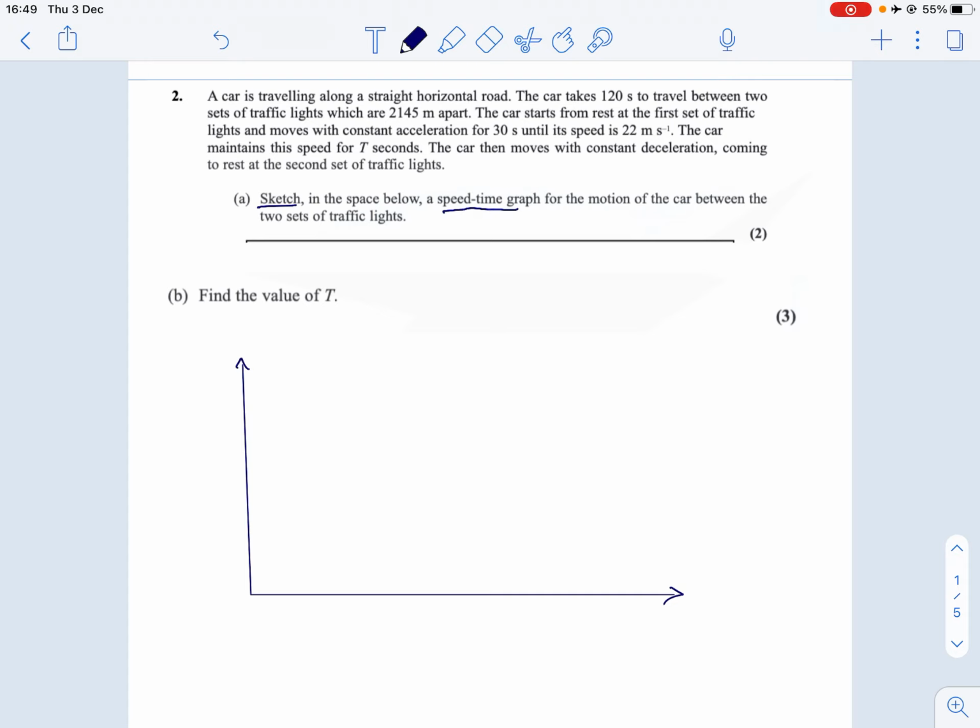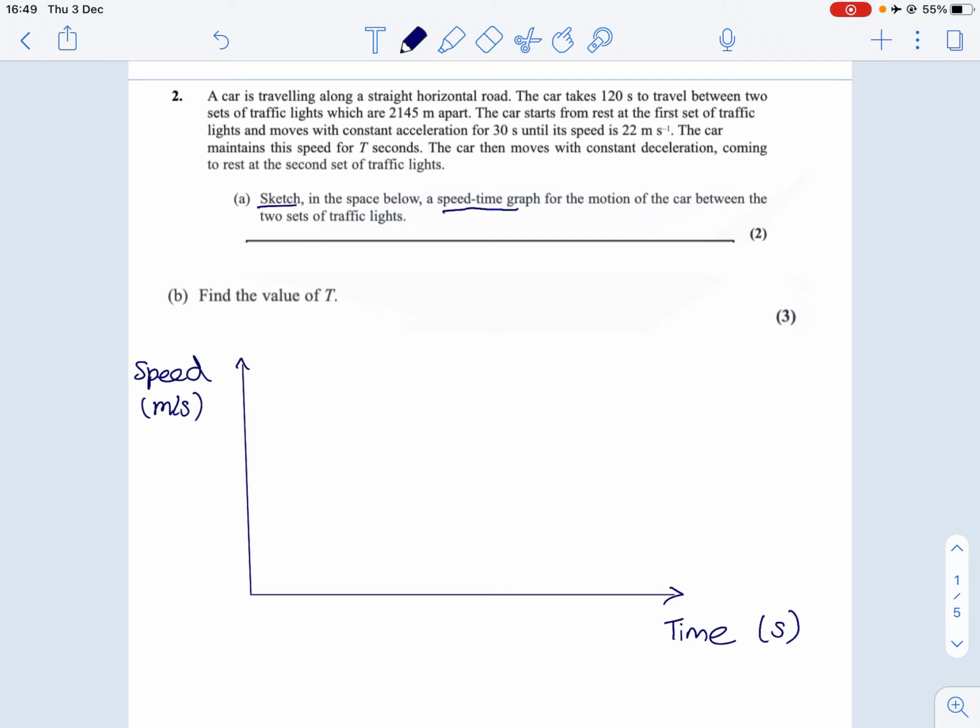So when it's a speed time graph, we're going to have our axes, so speed on this side and time. So remember, speed, the unit is meters per second, and time is in seconds.